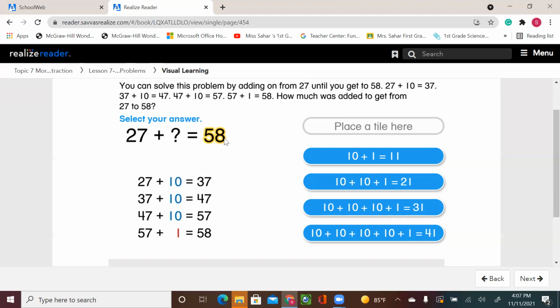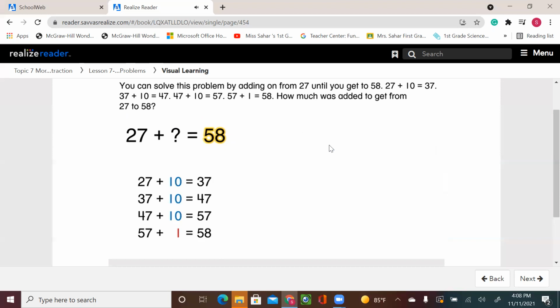Remember, my total is 58. So 57 plus 1 equals 58. So now I add 10 plus 10 plus 10 plus 1. This is what I'm looking for. 10 plus 10 plus 10 plus 1 equals 31.